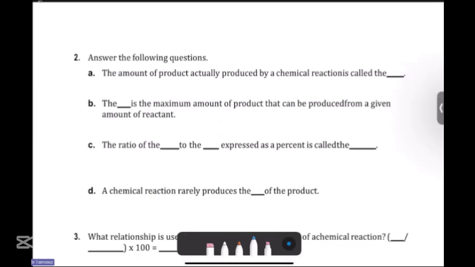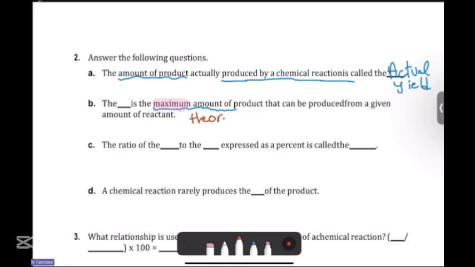Now, the amount of product actually produced by a chemical reaction is called, so you do the chemical reaction, whatever product you obtained is what we call the yield, the actual yield. The theoretical yield is the maximum amount of product that can be produced from a given reaction.